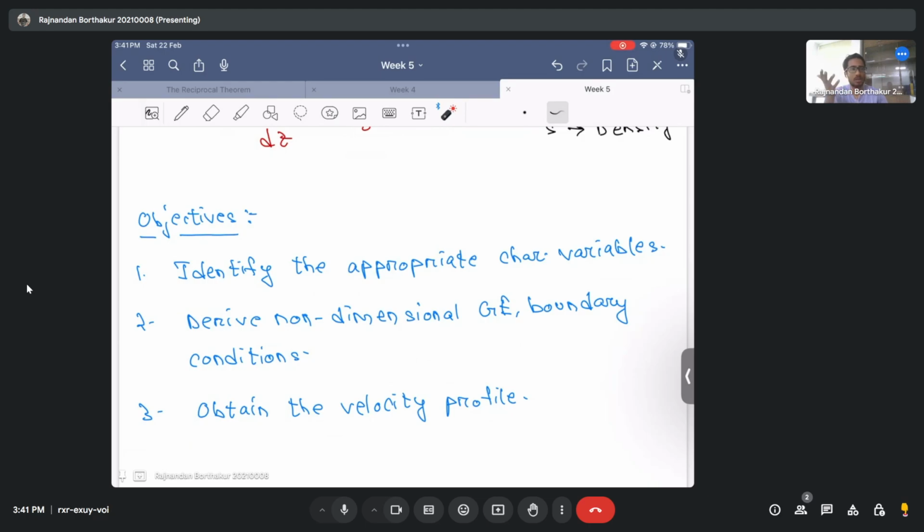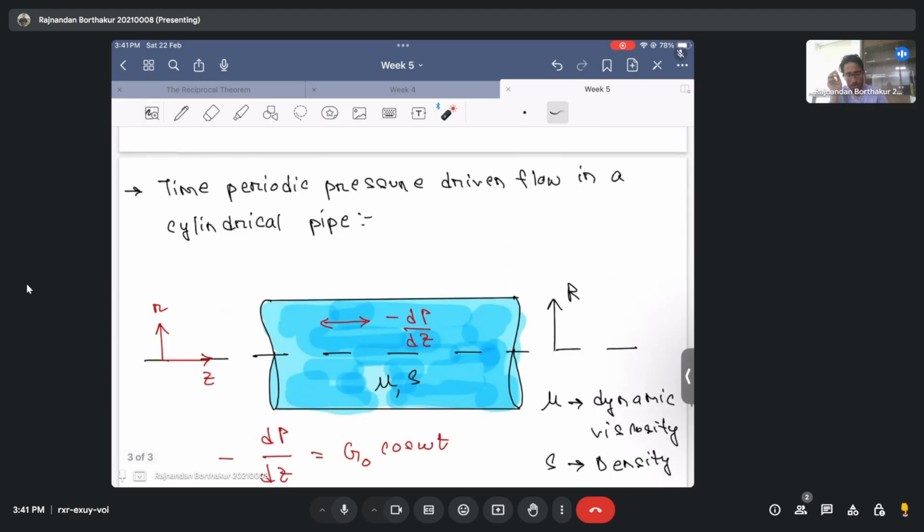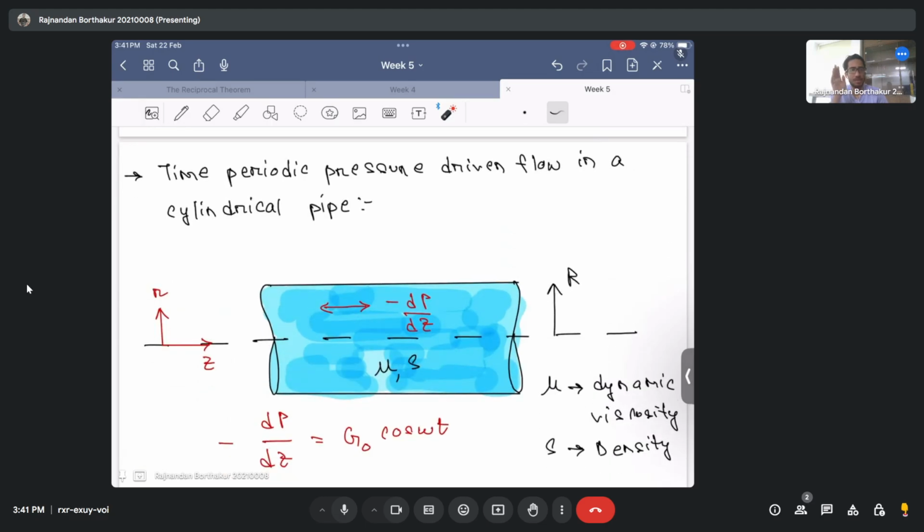And also use those non-dimensional variables and parameters in the governing equations and the boundary conditions. And once it is done, we'll solve the governing equation to obtain the velocity profile. Those are the three objectives that we will focus on as part of the analysis of this problem. I hope the objective and the physical picture of this problem is clear to you.